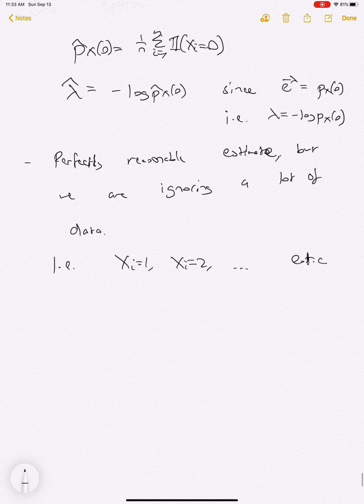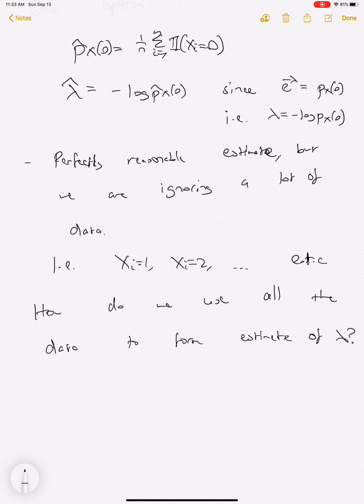So how do we use all of the data to form an estimate of lambda?